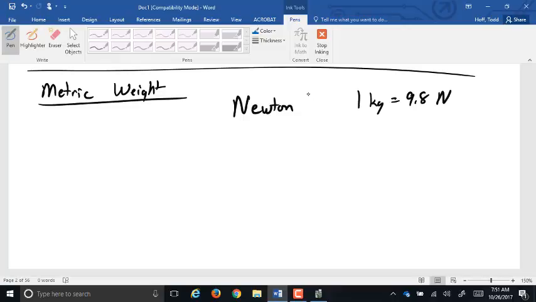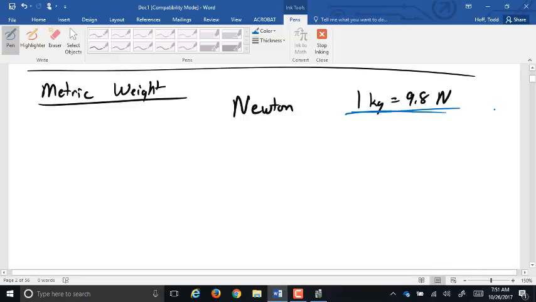And when they created the meter, it came out to be 9.8 meters per second squared was the acceleration of gravity. There was talk about adjusting the meter to make it 10 meters per second squared, but then the meter wouldn't be equal to a Swiss yard anymore. They compromised and they left it at that.